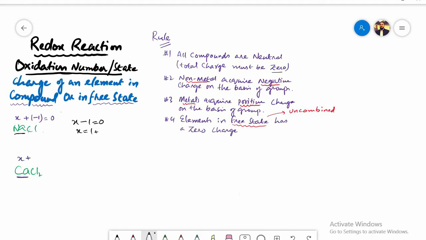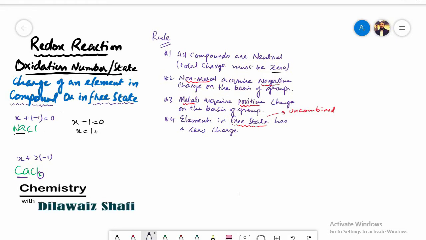But keep in mind that since we are dealing with two chloride ions, the charge of one chloride is 1 minus, so for 2 chloride it must be 2 multiplied by minus 1.